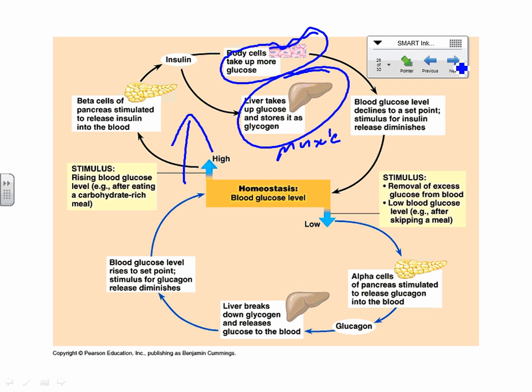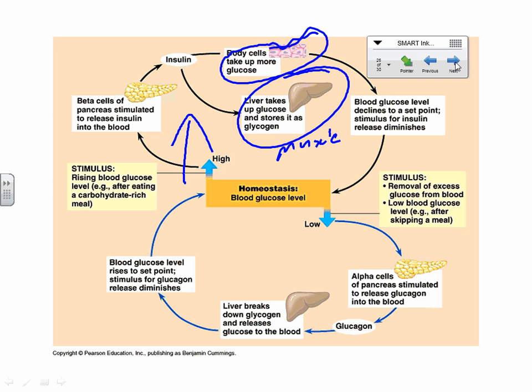And the message to all of those cells is to do what with sugar? Take it out of the blood and store it. The liver and the muscles take it out and store it as what? Glycogen. The fat cells take it out and do some fancy chemistry on it and convert it into fat. But regardless, the message insulin is sending is take sugar out of the blood, store it, so that blood sugar goes back down to our set point.